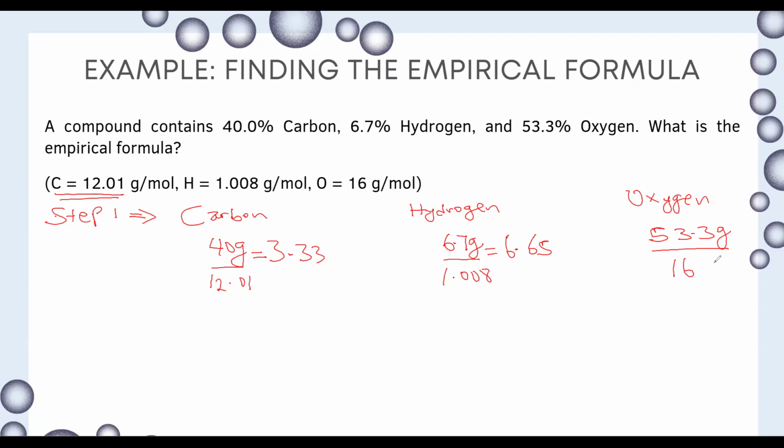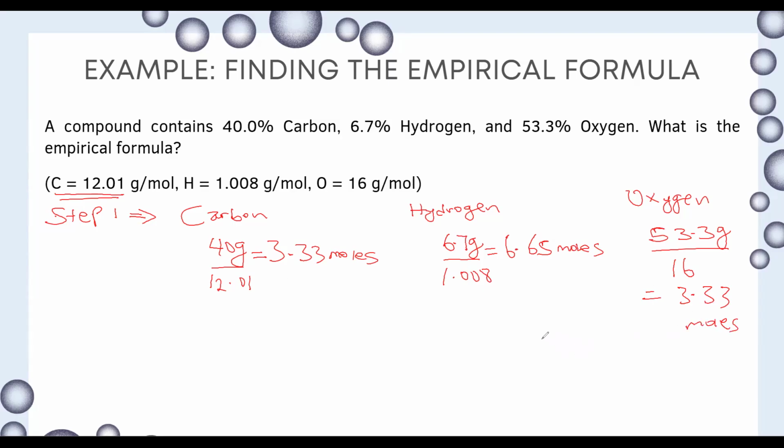And then the third one, 53.3 divided by 16. That gives us 3.33. Thank you very much. Did you all see how I got the answers? Yes, sir. 3.33 moles. Over here, 6.65 moles. And then over here, 3.33 moles.